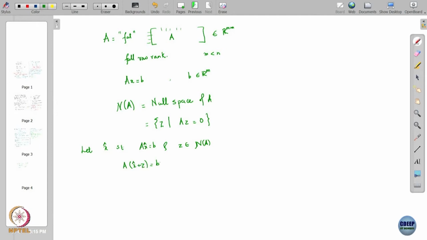So, if I have one solution, and of course, there is at least one, I can always generate infinitely many more by just picking points from the subspace, all right.